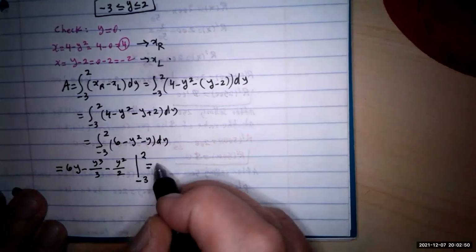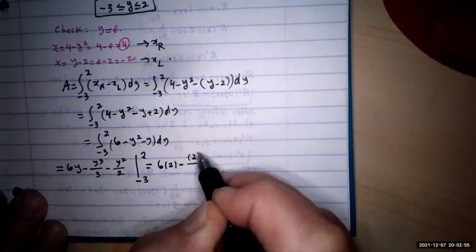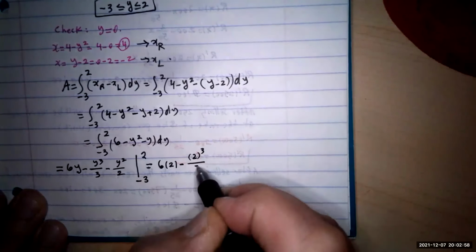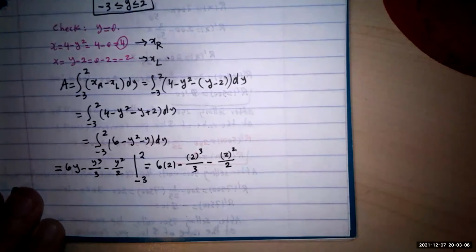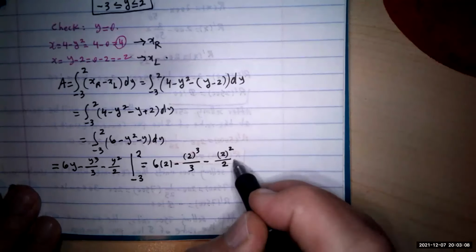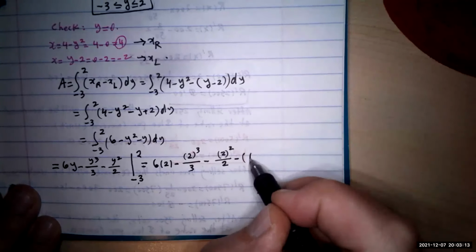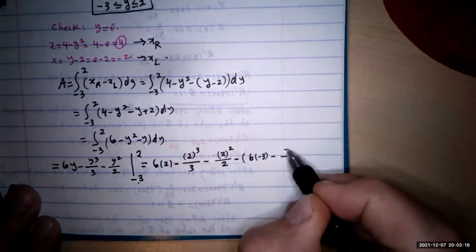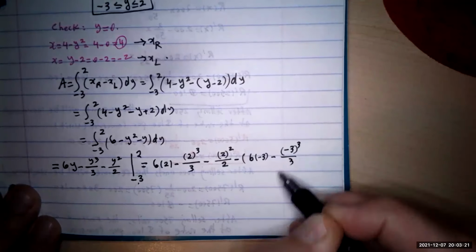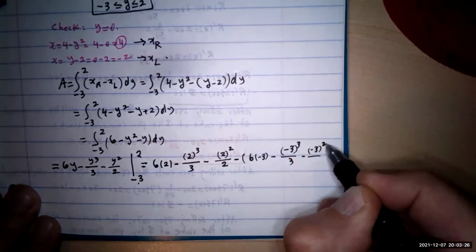We put the 2 first: 6 times 2 minus 2 cubed over 3 minus 2 squared over 2. So that's when we put the 2. Then it's going to be minus, and we have to check the negative 3. Make sure you use parentheses. It's going to be 6 times negative 3 minus negative 3 cubed over 3 and minus negative 3 squared over 2.